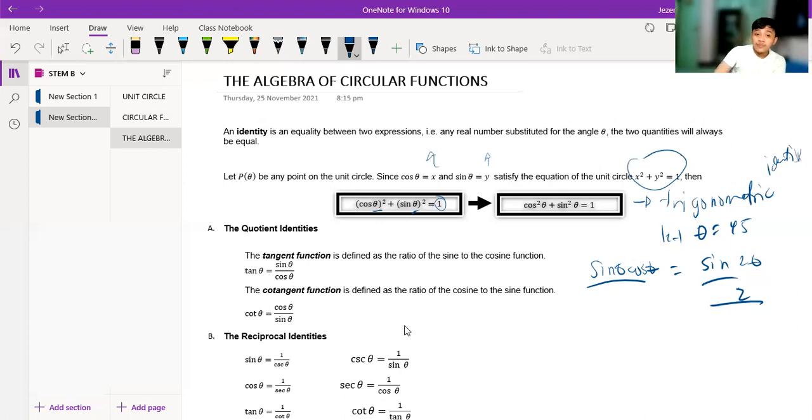So, quotient identity. The tangent function is defined as sine over cosine. Opposite over hypotenuse, then cosine ay adjacent over hypotenuse.